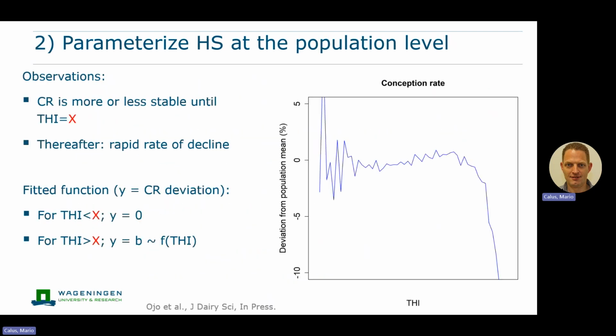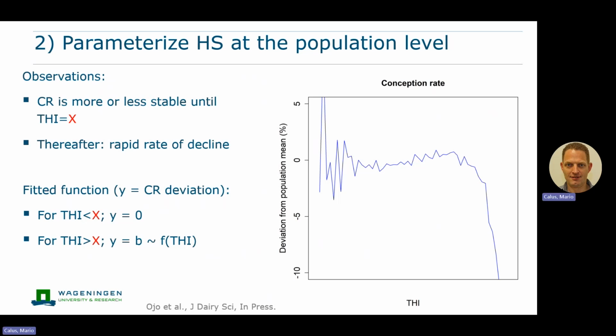And the overall curve is something like this. So if we pass the threshold, on average, the daughters of all bulls will perform worse. But then if that breeding value shows a positive trend, it just means that the daughters of that bull are not as much affected by the higher temperature than daughters of some other bulls. So that's a very good point.